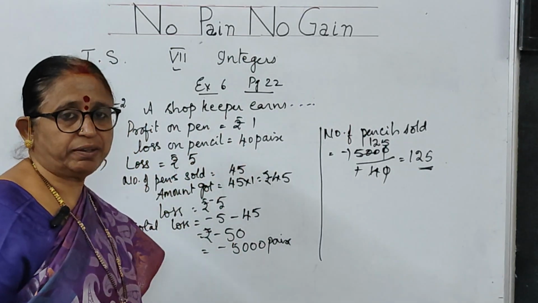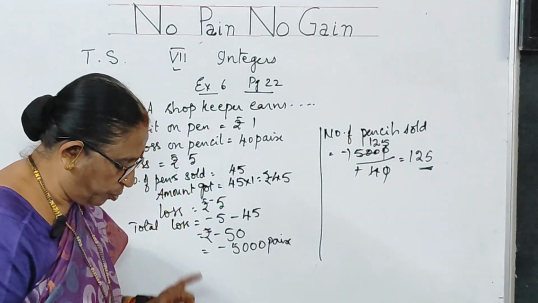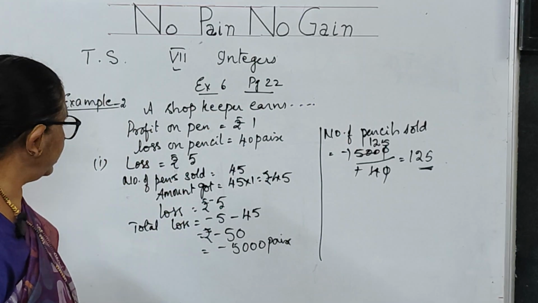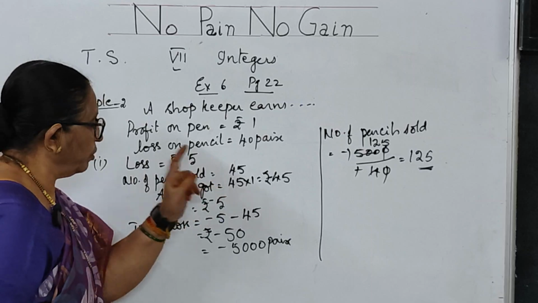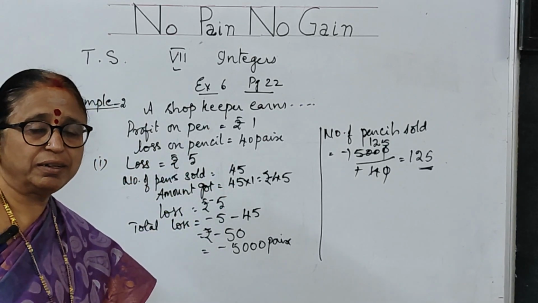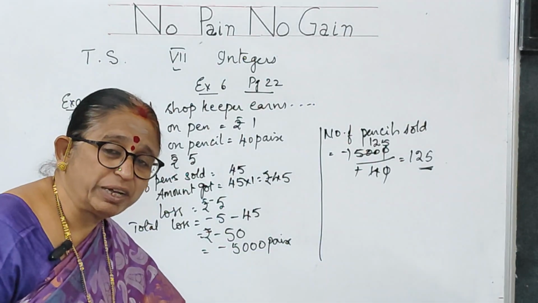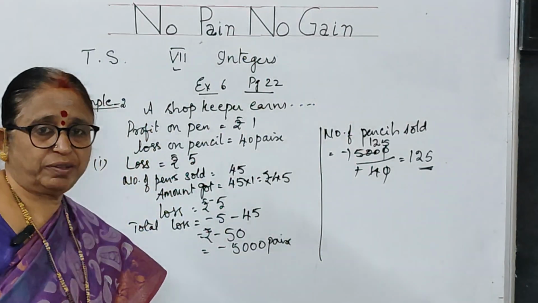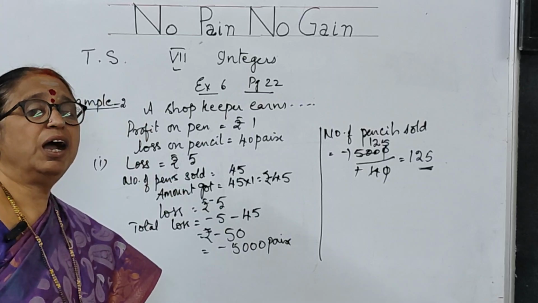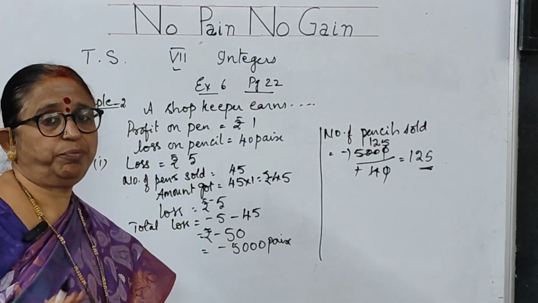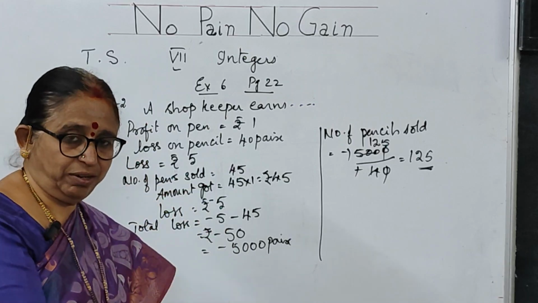So in the first problem, what is said? She has sold 45 pens. But at last in that month, she got a loss of 5 rupees. So the question is, how many pencils has she sold apart from 45 pens?